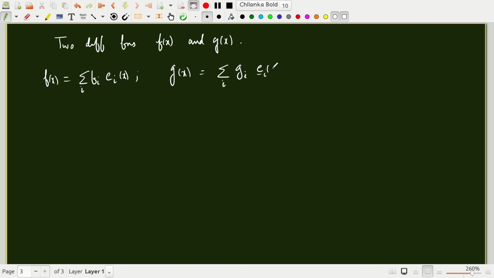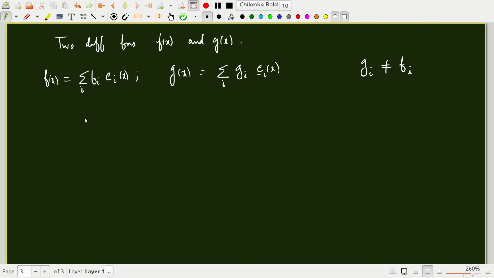Now, in general, the g_i's are not equal to the f_i's in the given basis unless f and g are the same function. So, in general, two different functions will give rise to two different sets of coefficients.